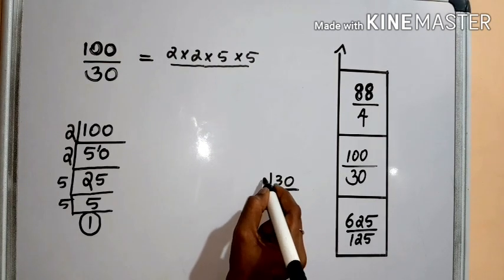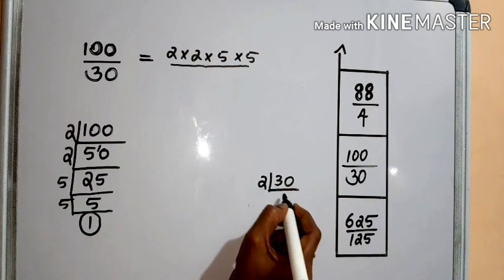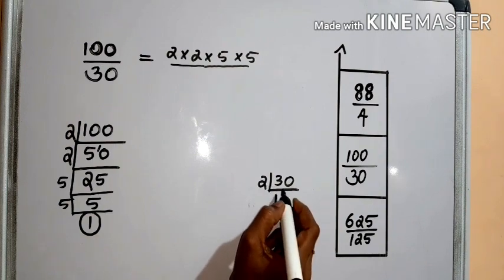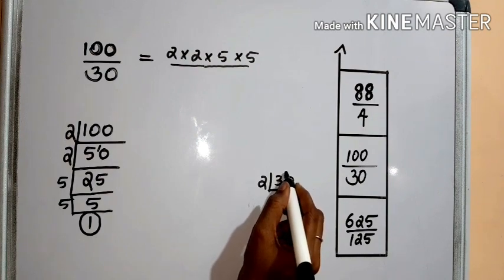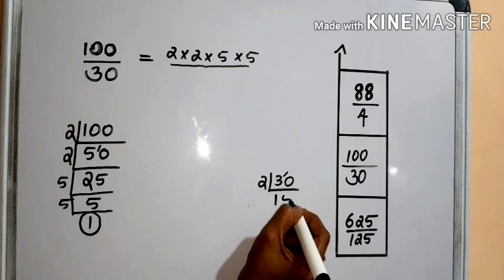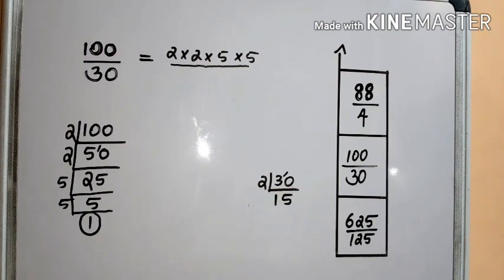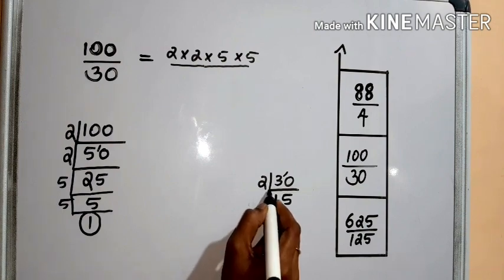Even number, no? So we can have here 2. From 3, how many 2's can we take away? 1. Remainder 1 becomes 10. From 10, how many 2's? 5. 5 2's are 10, so 30 divided by 2 is 15. Or half of 30 is 15.